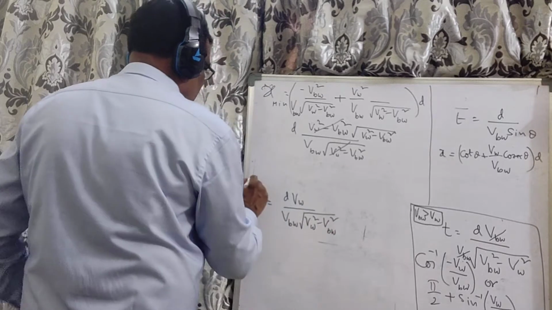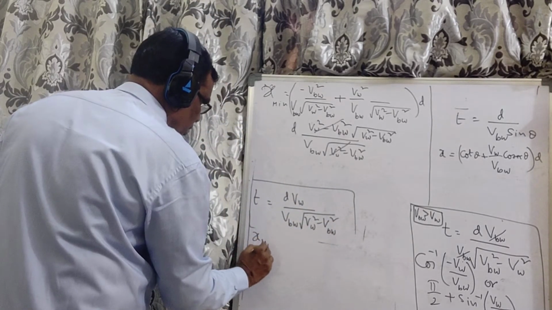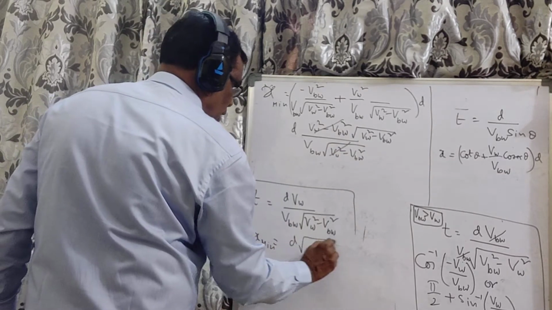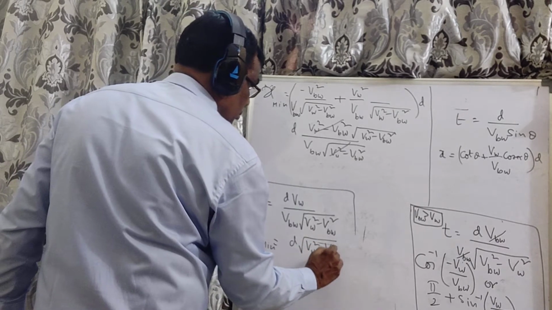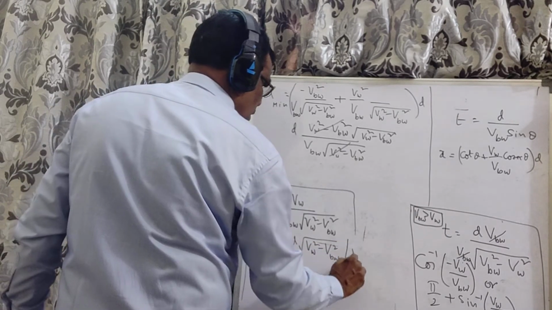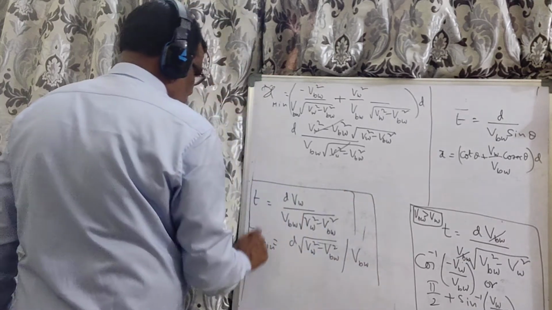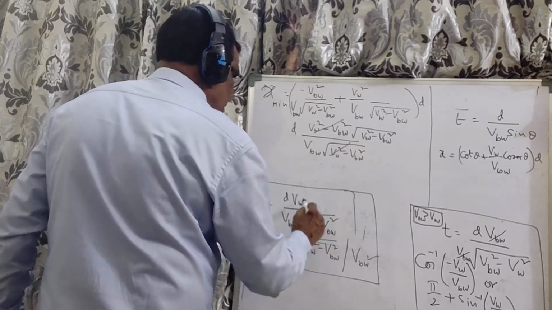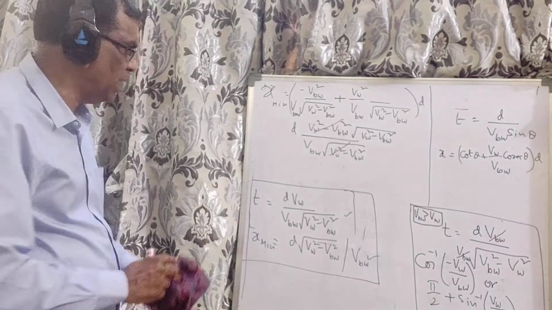Time taken is this. Minimum drift is D into under root of VBW. This is the minimum drift, right? This is the time taken in the case of minimum drift, okay?